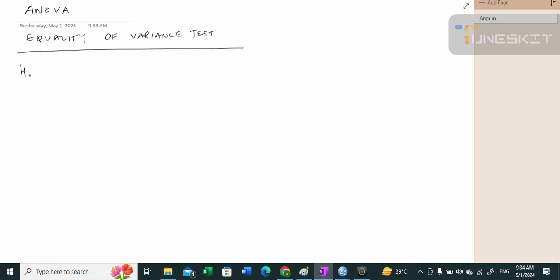Here, the null hypothesis we can simply state as: the variance of sales generated on the basis of policy 1 equals the variance of sales on the basis of policy 2 equals the variance of sales on the basis of policy 3.